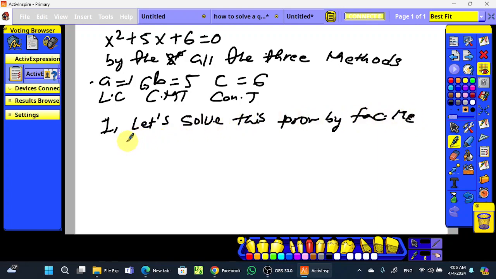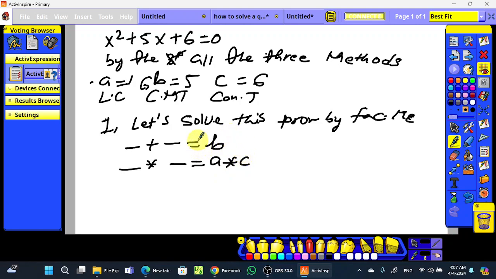To solve the problem by factoring, you find numbers which add up to become the coefficient of the middle term, that is, dash plus dash is equal to b, and dash times dash is equal to a times c.